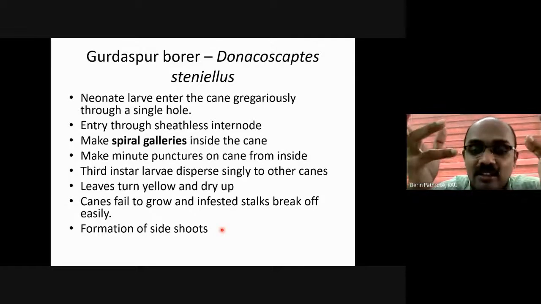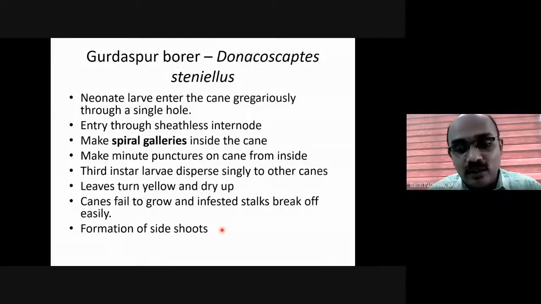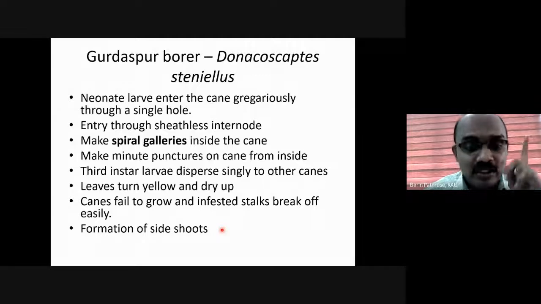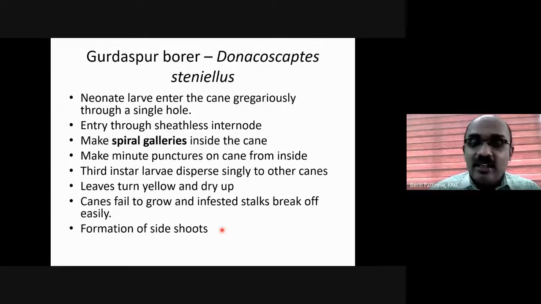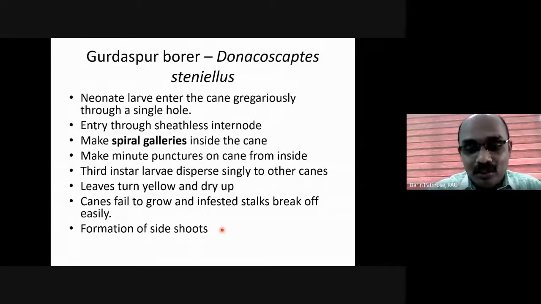Once the larvae reach the third instar, they move out. I told you it attacks the cane gregariously in the early stage. All the larvae will be entering into a single internode. Once they grow up, all the larvae cannot survive together in a single internode. So at that time, just like human beings, if the kids grow up, they marry and move out to their own homes.